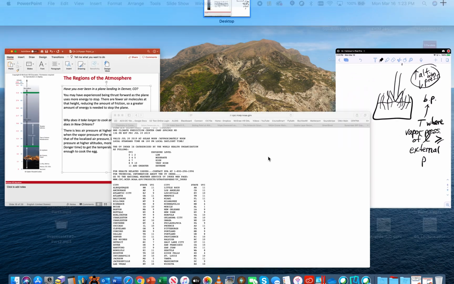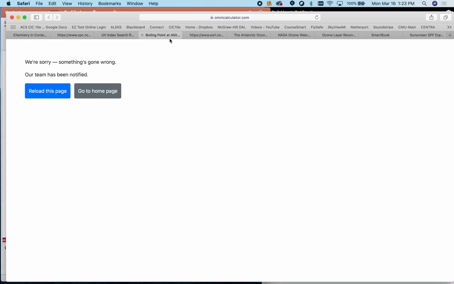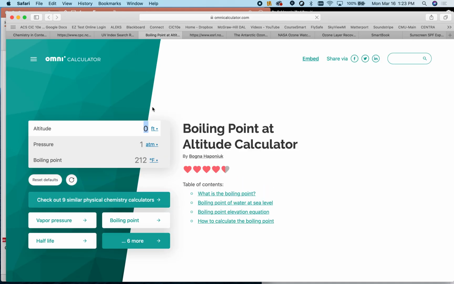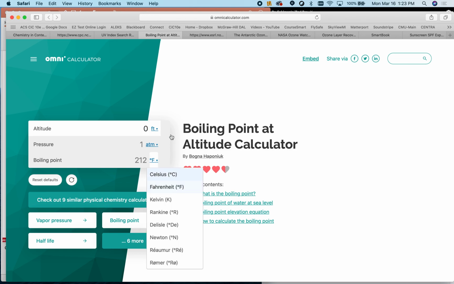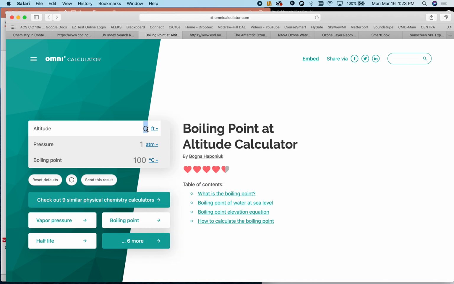There are a number of little calculators online. For instance, this one is showing the boiling point. If we do it in Celsius, the boiling point of water at sea level is, as we know, 100 degrees. But if we go up, let's say 10,000 feet, now it's only 90 degrees.